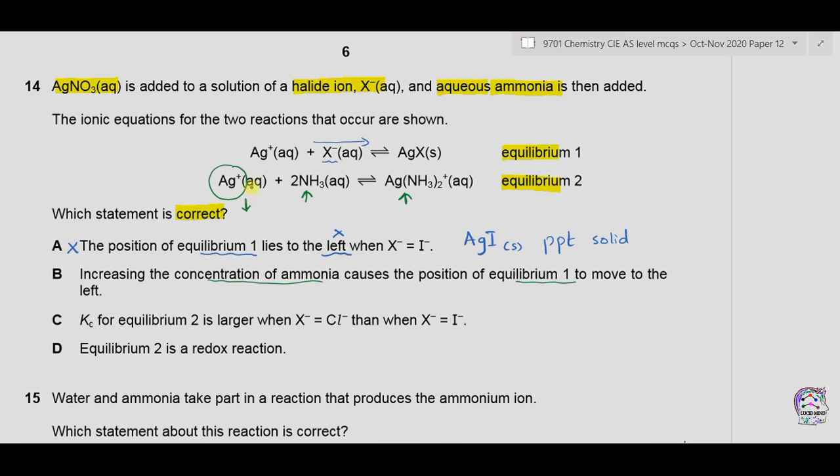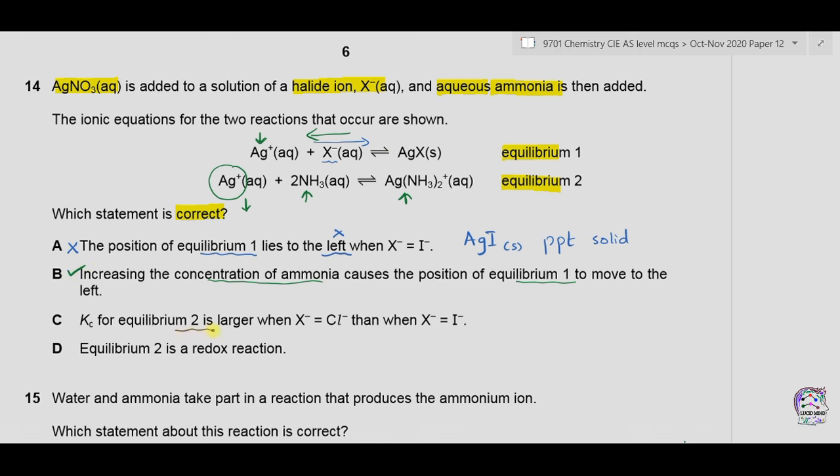When Ag plus concentration is reduced, the first reaction will move backward as Ag plus is the reactant. Because for an equilibrium reaction, if you decrease the amount of reactant, the reaction will move in the backward direction. So B is correct.